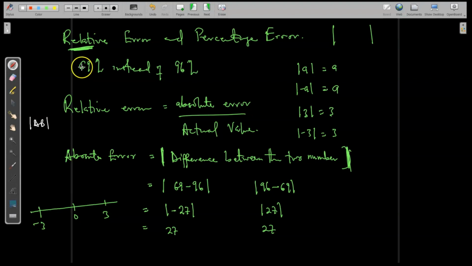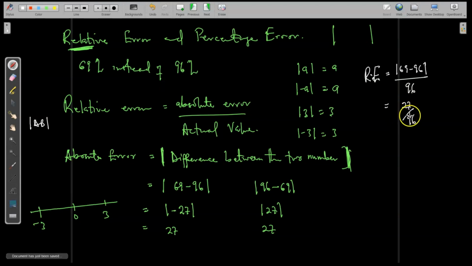If they ask me to determine the relative error for the teacher writing 69% instead of 96%, the relative error, let me cut it short as RE, is going to be the absolute error, which is 69 minus 96, all over 96, because 96 was the actual value he should have written, but he ended up writing 69. Hence, this is going to give me 27 on 96.